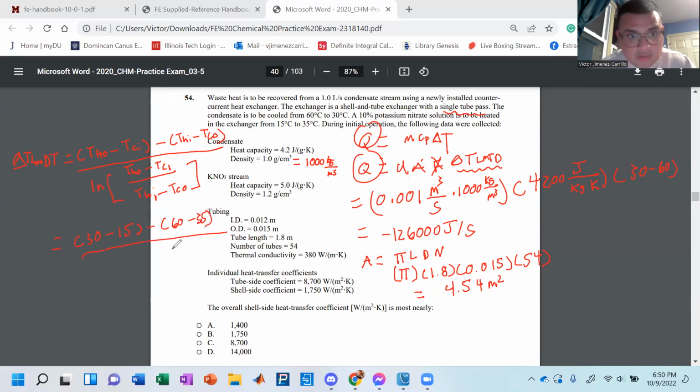Do the natural log of those two. So your log mean temperature difference, I'm going to just put delta LMD, is equal to 19.57.